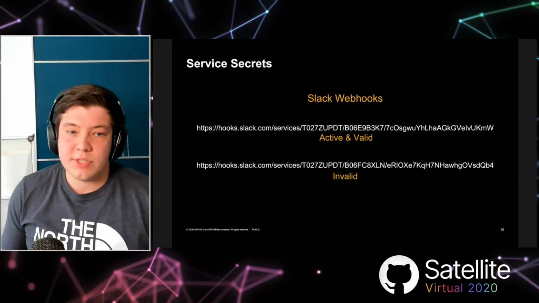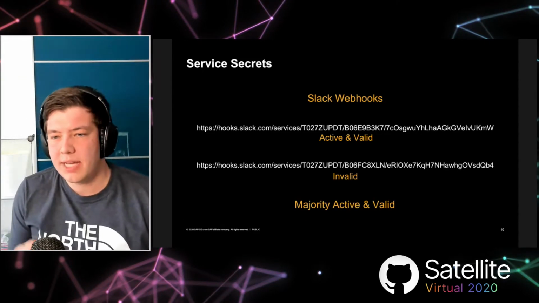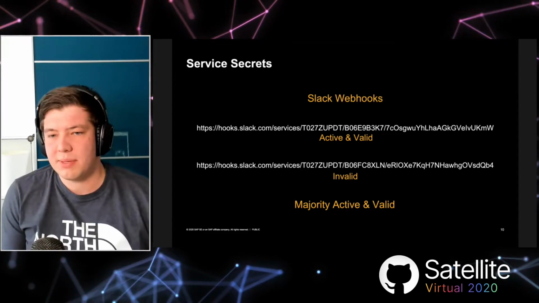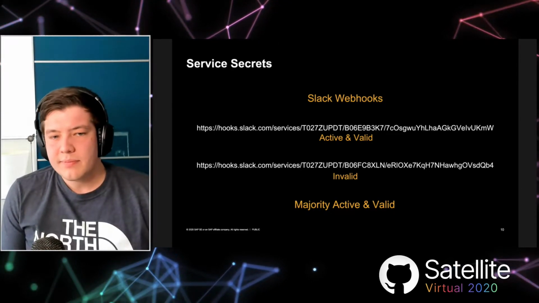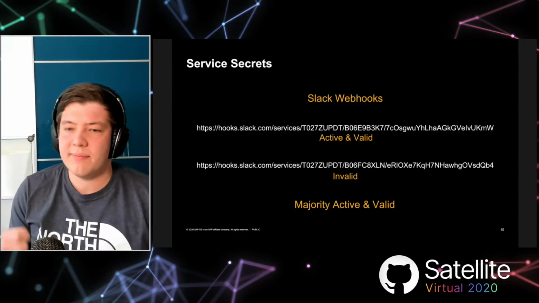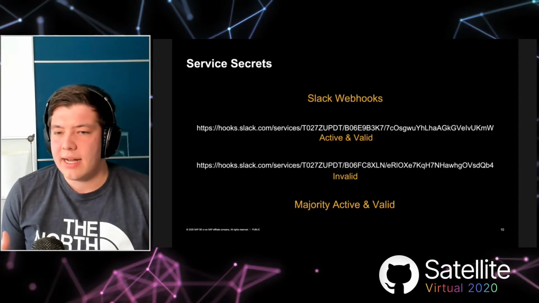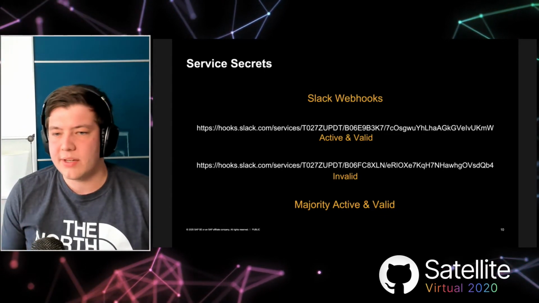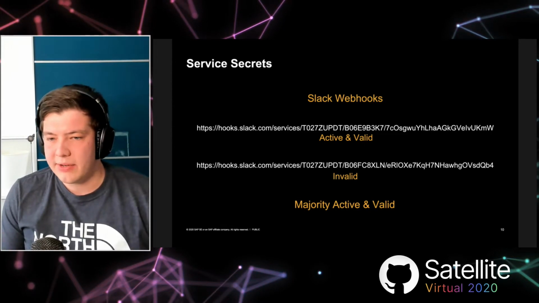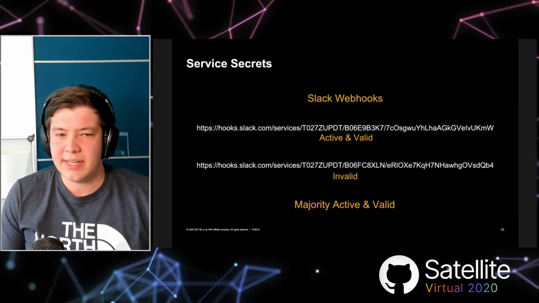And with this, we saw in our case that the majority of the Slack webhooks we've matched with our scanner previously were indeed active and valid and should be mitigated. The same process of verification can also be applied to other, we call them service credentials, which are for accounts from a central service, like cloud accounts, GCP accounts, or AWS accounts, or even the Bitcoin keys Nico mentioned earlier.